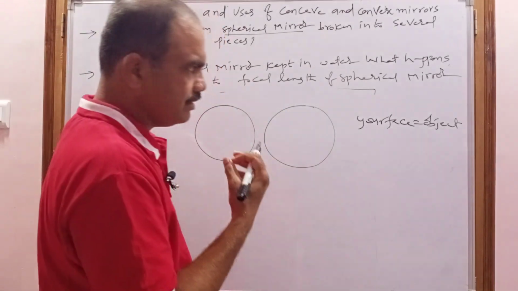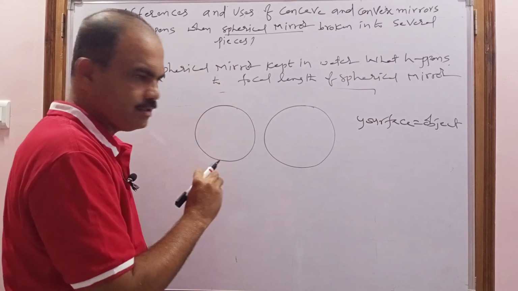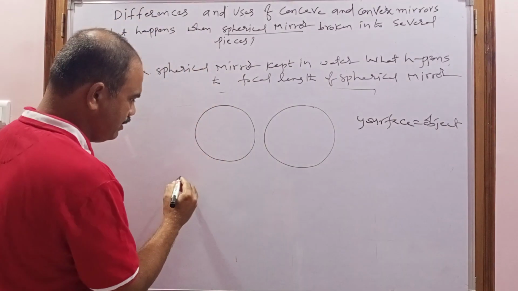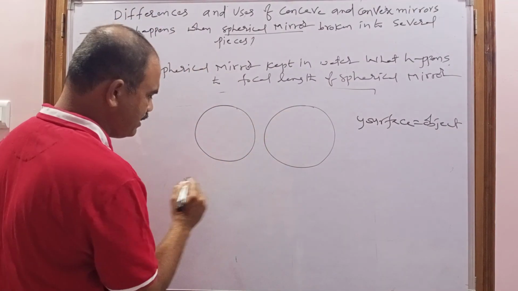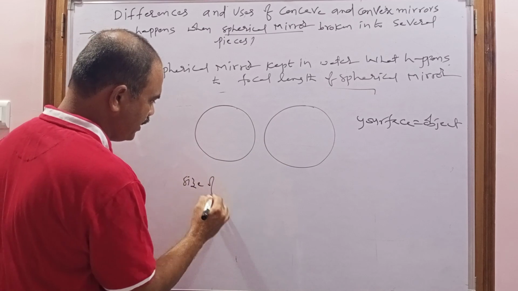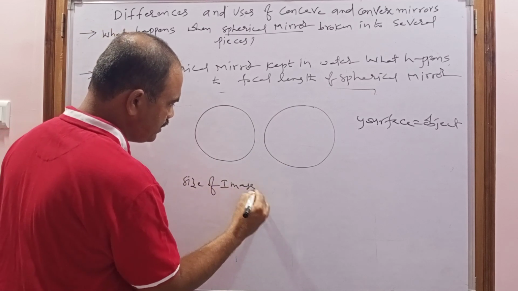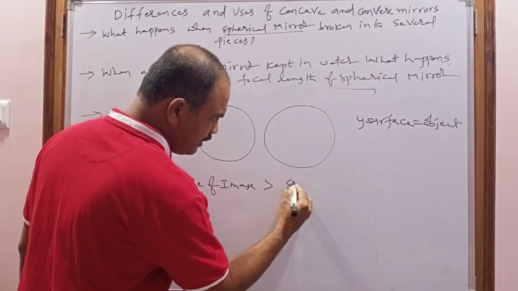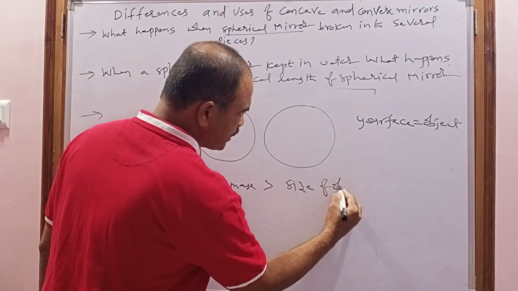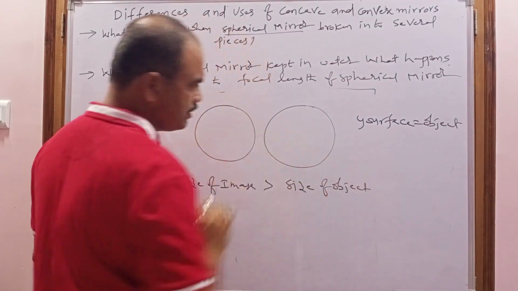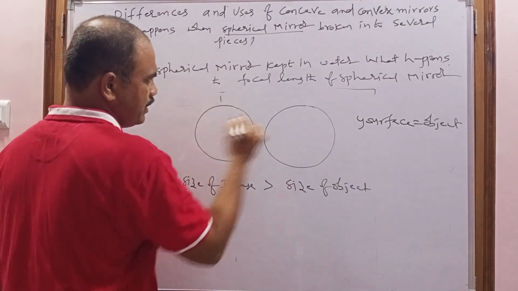So in how many ways can the image be formed in the two mirrors? In one mirror, the size of the image is greater than the size of the object. Let us say this is the first one, this is the second mirror.